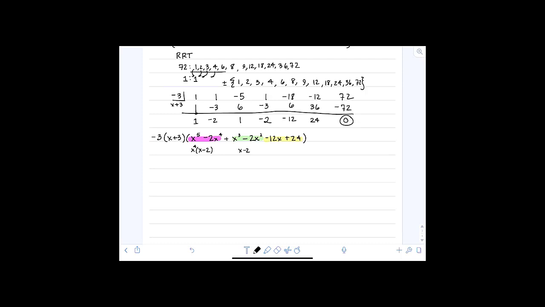And for this factor, if I factor out, and okay, you can't cheat here. You have to actually be able to factor out something to leave you with the x minus 2. So I can factor out an x squared and do that. And for this one, if I factor out a negative 12, I have an x minus 2. Okay, so now I have a factor of x minus 2 that's common to all three of these, so I can pull it out to the front.